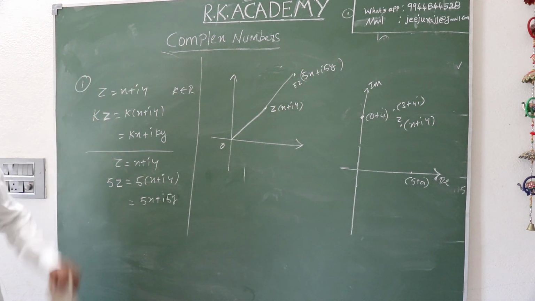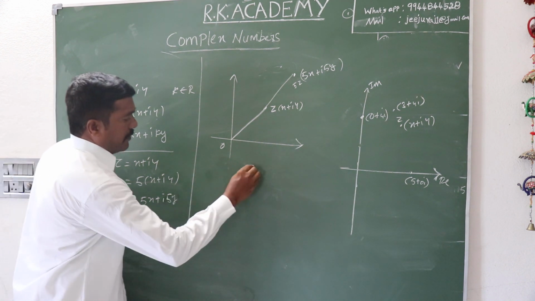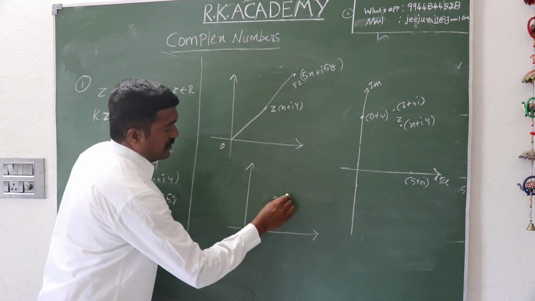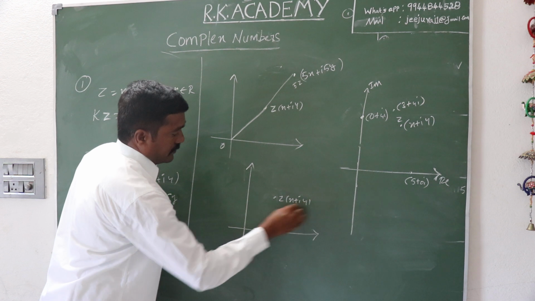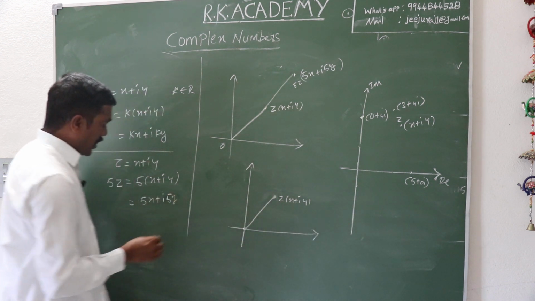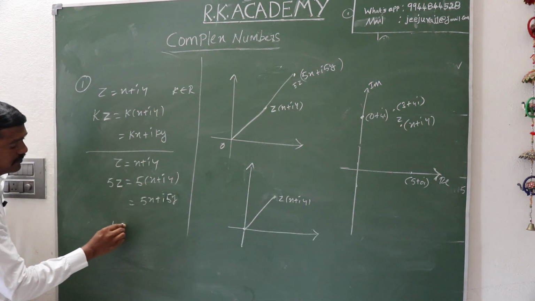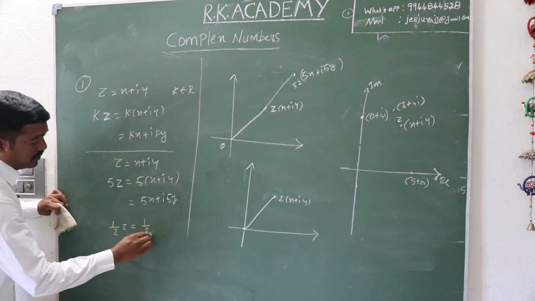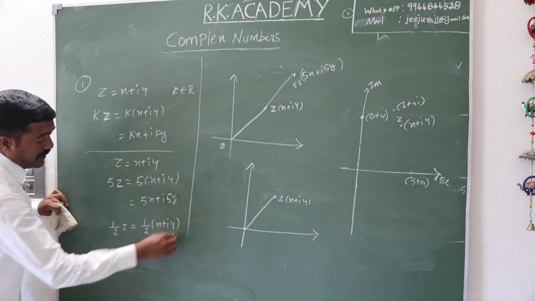Now it's a positive scalar. Now for a rational number, what will happen? It's z equal to x plus iy. So how to find half z? Half into x plus iy.